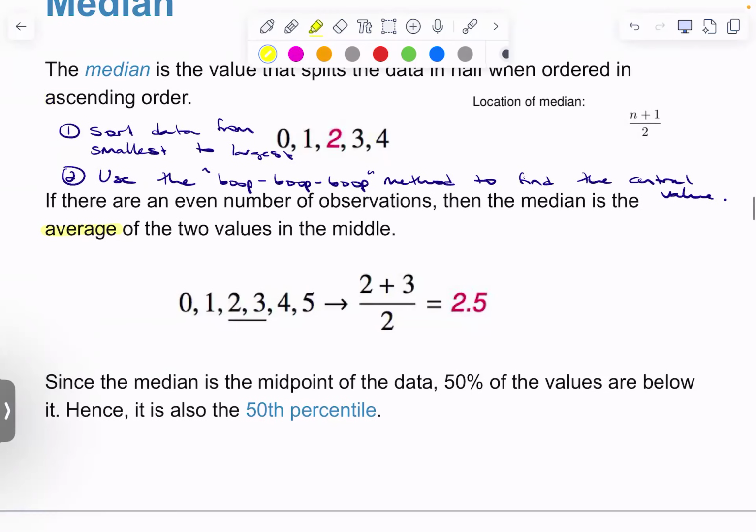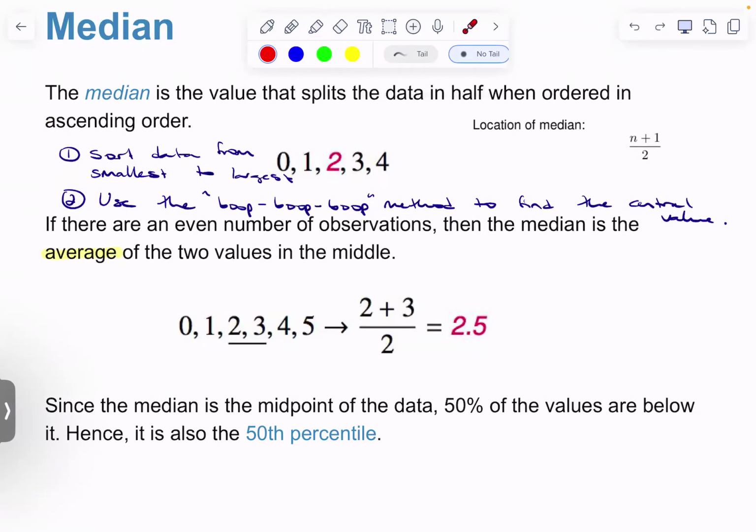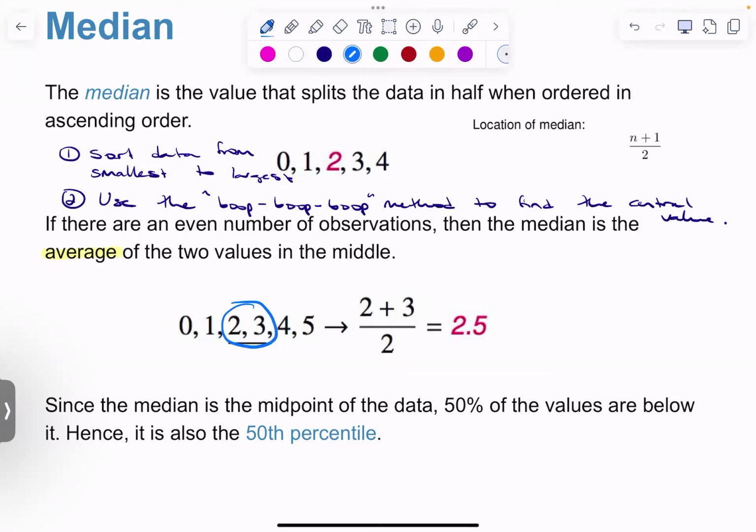So if we have a slightly bigger data set here, 0, 1, 2, 3, 4, 5, if I had to find the median, you find the location is at 2.5, not very helpful. Or boop, boop, you land on 2 and 3, so you take the average of the 2. So usually how I denote this is by drawing a circle around these 2 and then a bar down the center to indicate that the median is actually at this bar.